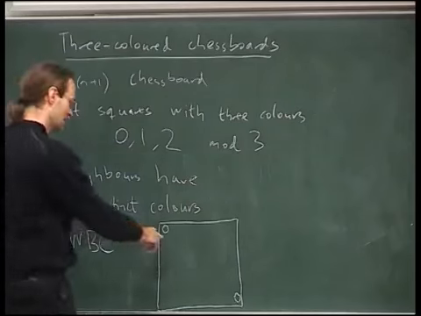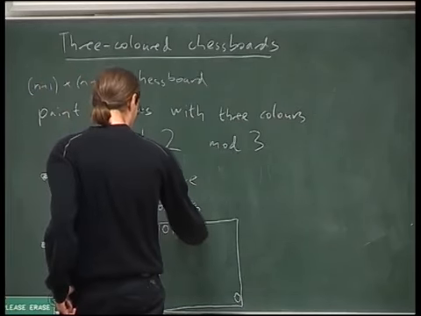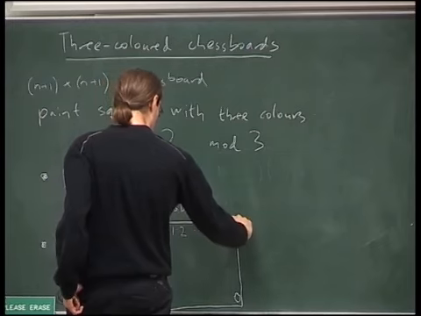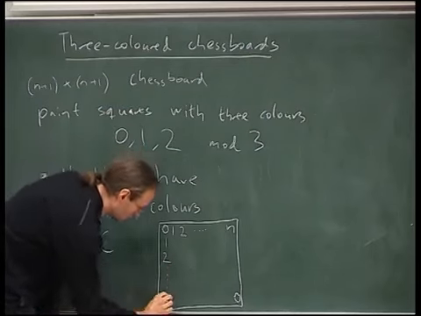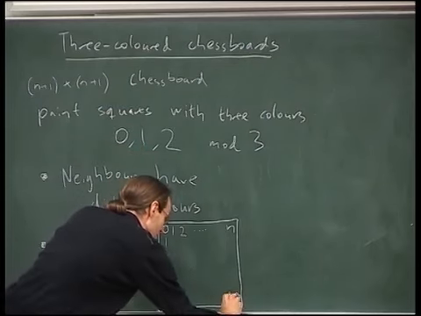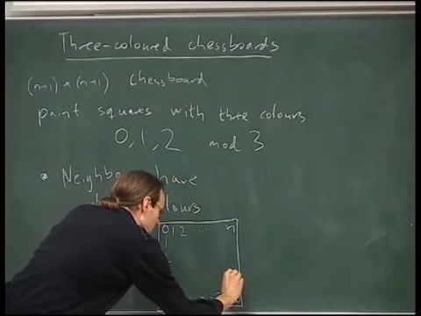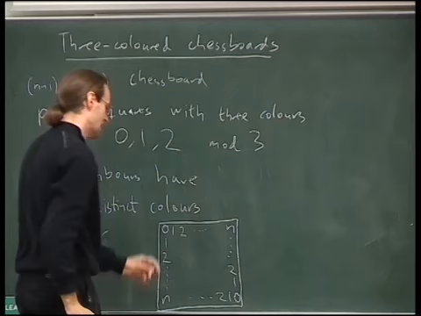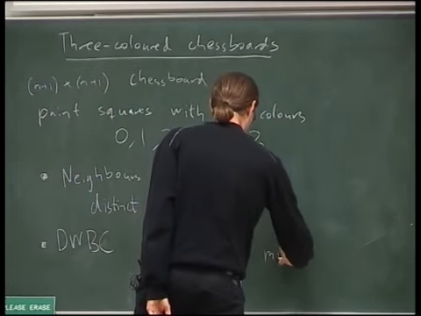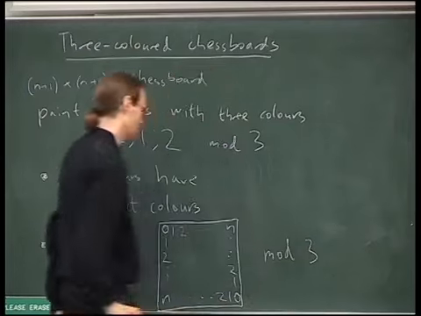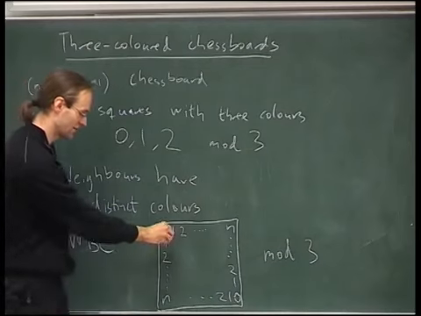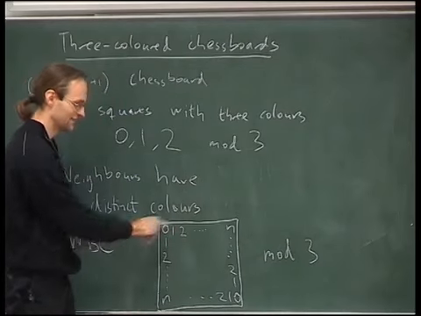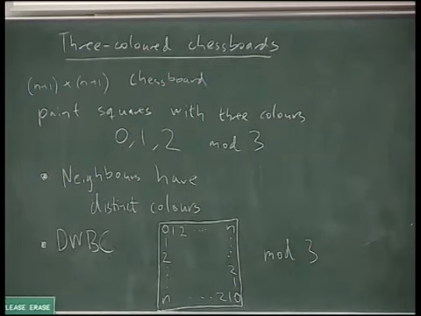And as you move away from the boundary, you increase all the time. And of course that should be red, mod 3. So really what it means is that you cycle around these three colors when you go along the boundary here.